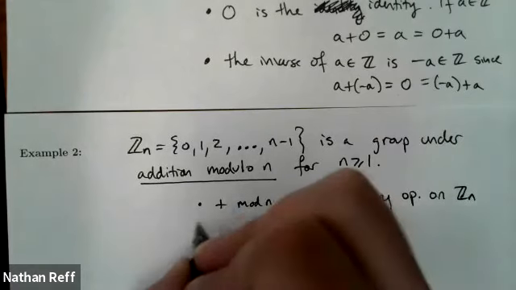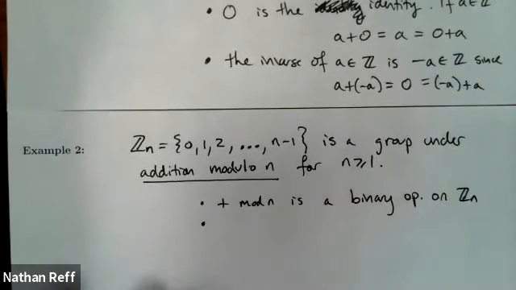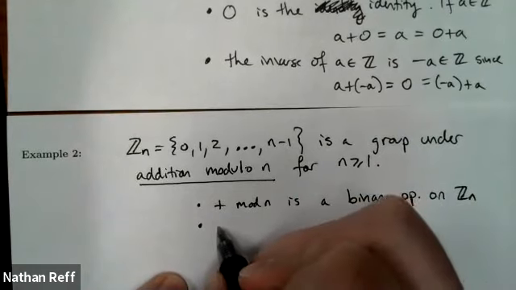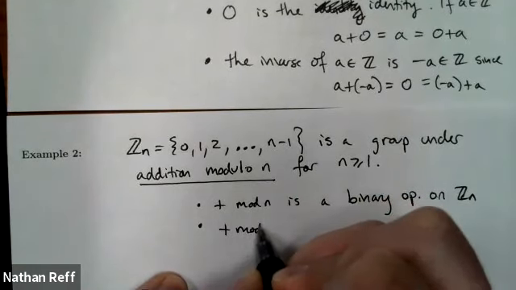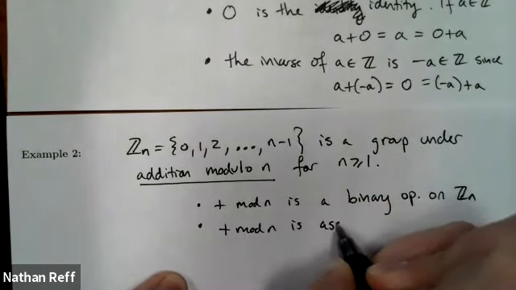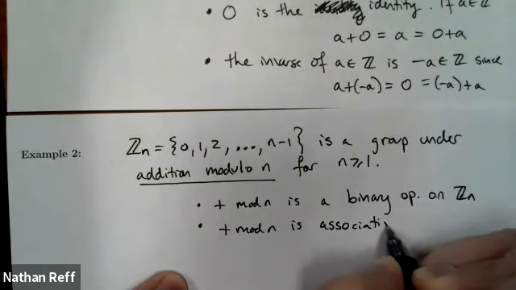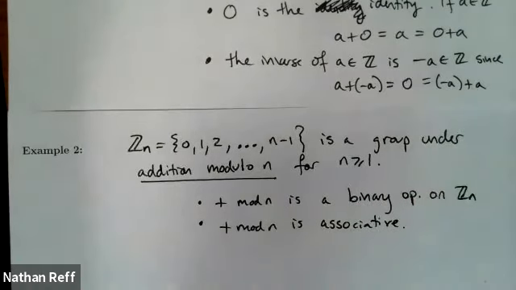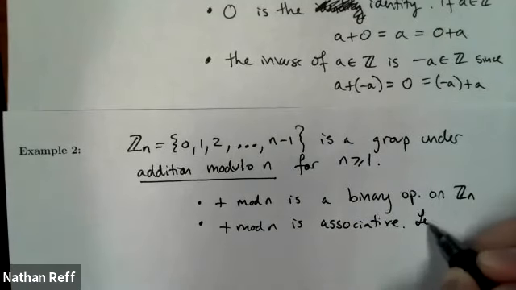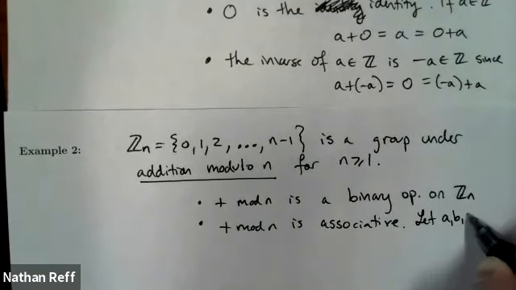And it's also associative. And that actually is inherited by addition on the integers. Because if you think about it, the proof for this would be pretty short. It's just a lot of writing.